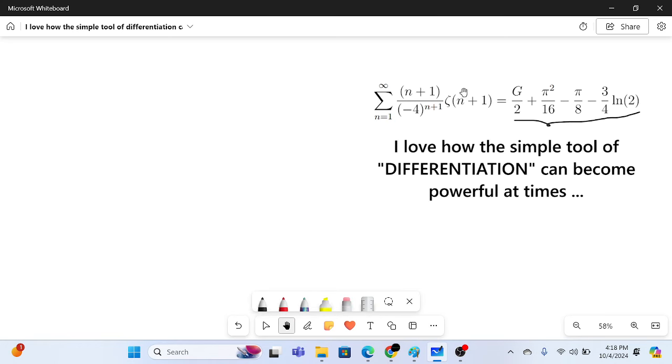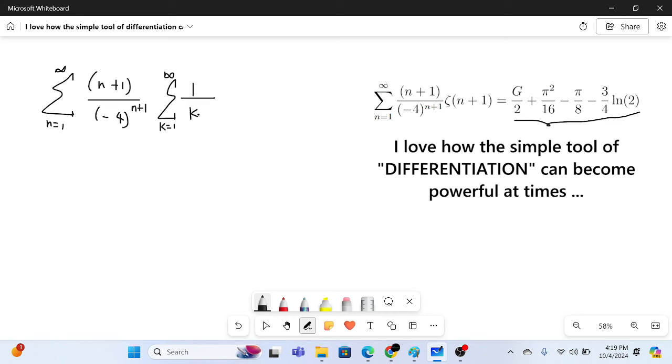Now, first of all, of course, we will try to break zeta into a sum, because without that it would be pretty complex to do. So, sum from n equals 1 to infinity, (n plus 1) divided by (minus 4) to the power n plus 1. And now zeta can be broken into the sum from k equals 1 to infinity of 1 by k to the power n plus 1, right? Of course, what I will do is interchange the sums.